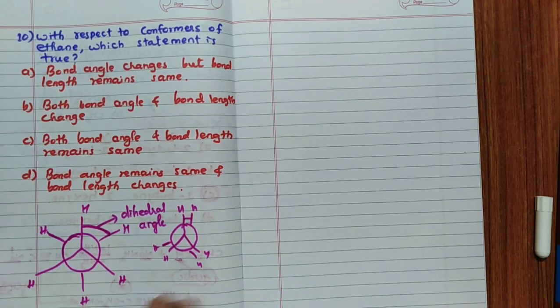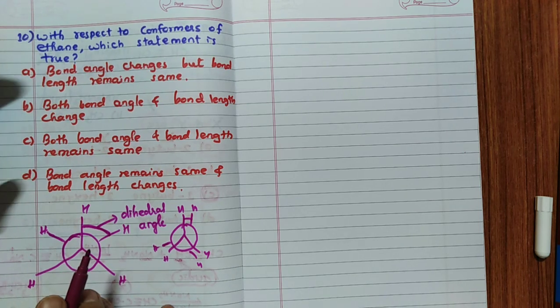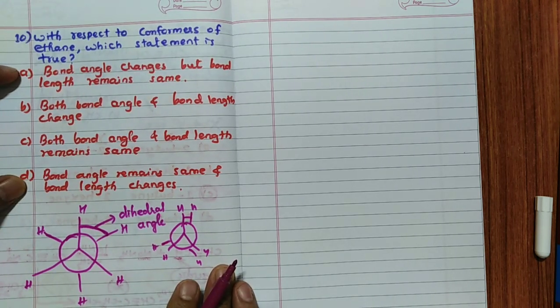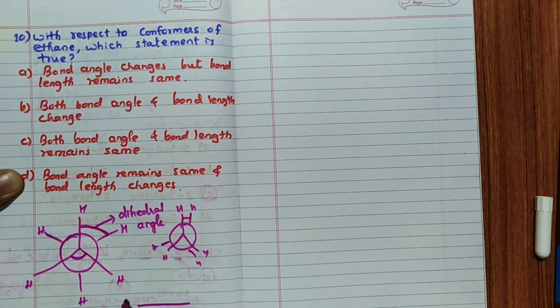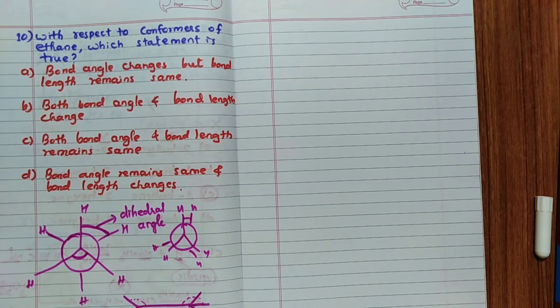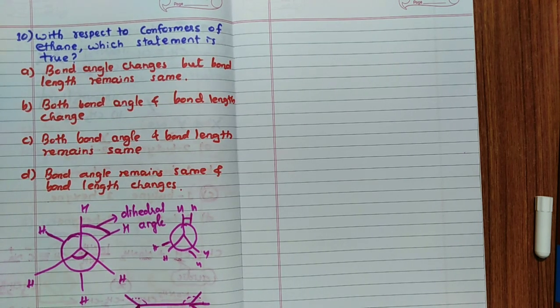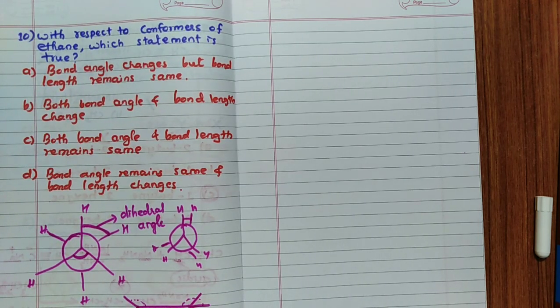This is not the bond angle. Here what they are asking in the question is whether this bond angle changes or not. They are asking, in this case ethane, whether this bond angle or this bond angle is going to change, or whether bond length is going to change.